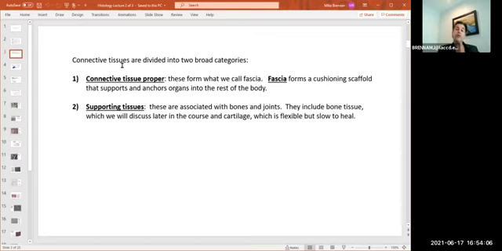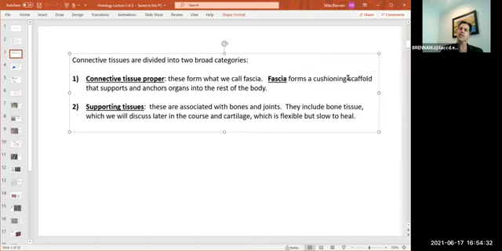So there's two major categories of connective tissue. And then within each of these major categories, connective tissue proper and supporting tissue, there's subtypes. So connective tissue proper, 3 types, you could argue 4. These are what we call fascia.